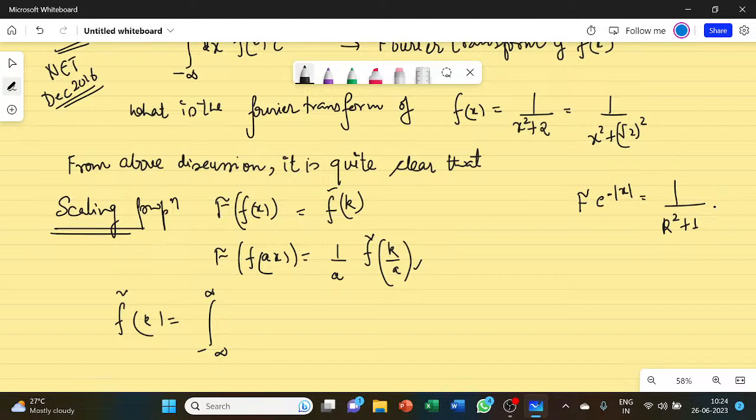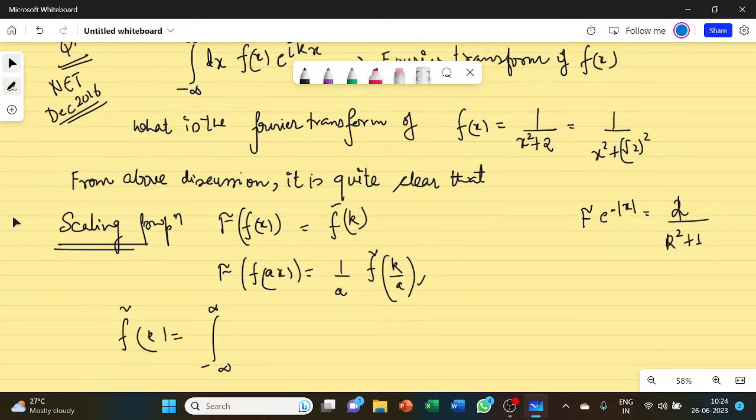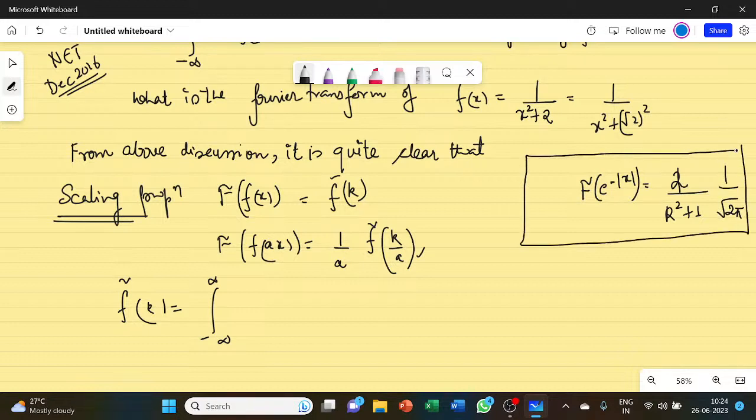Some 1 upon root 2 pi is following, but just forget about it, because the definition here does not contain 1 upon root 2 pi. Even if you want to write it, you can, or if you don't, it's absolutely fine. This was the case that we did initially, and if you want to drop 1 upon root 2 pi, that is absolutely up to you.